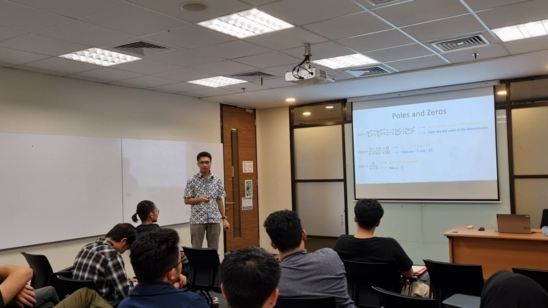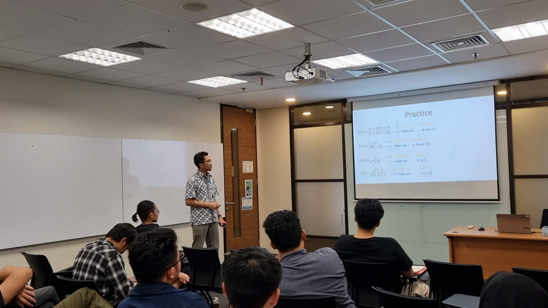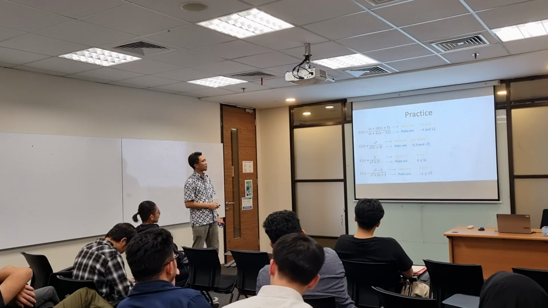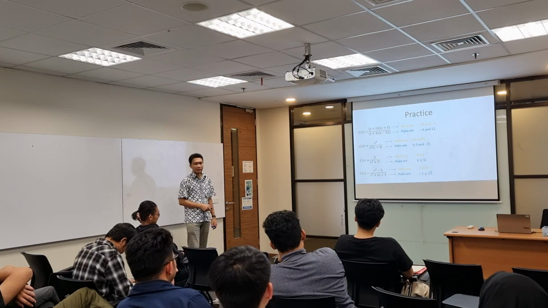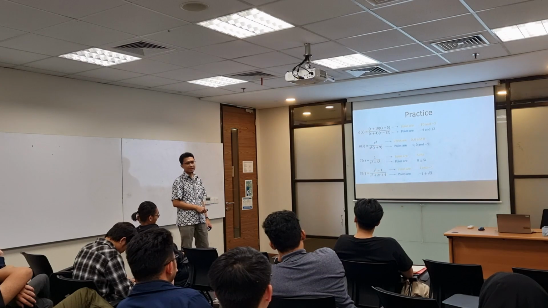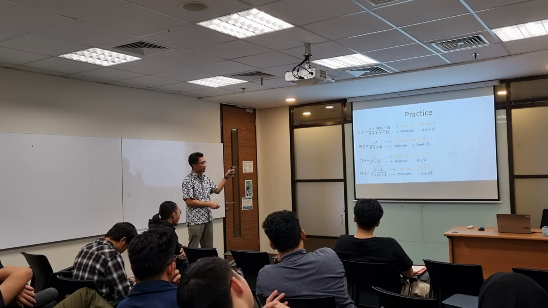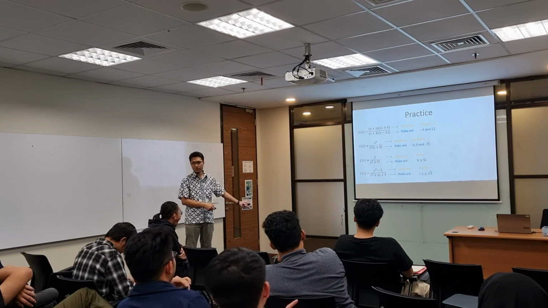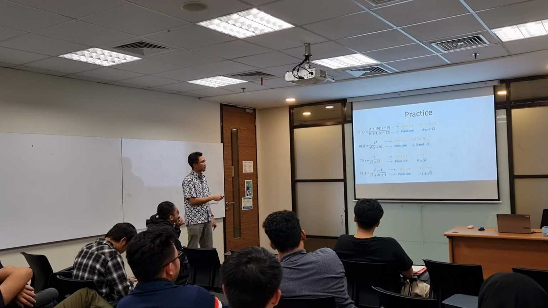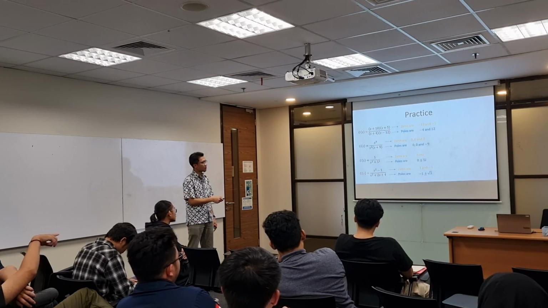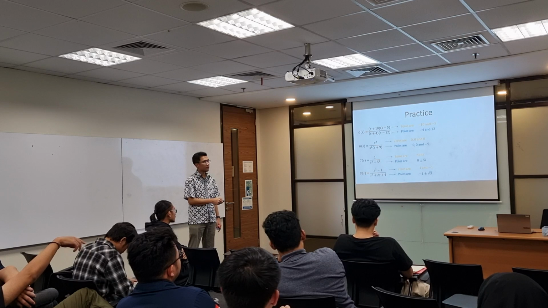Clear? No, this is not practice, sorry. Practice should be, I put this one later, but this is not practice. We can do practice later. But I put several other transfer functions, and then you can see that the first one, the zeros are -10 and -5.